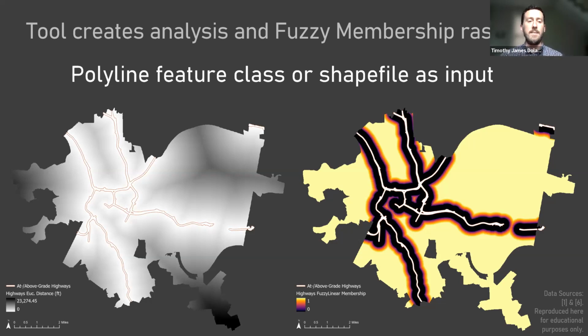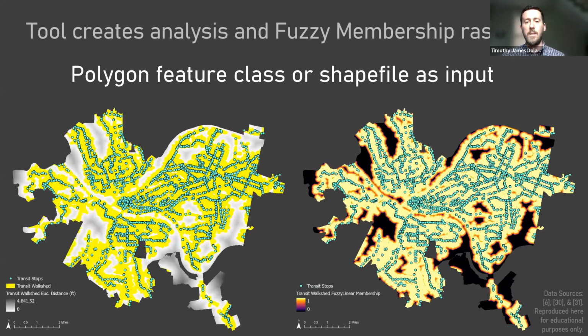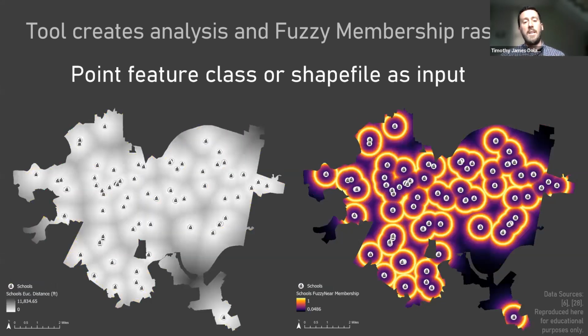cell values as distances from the vector features in the linear units of the baseline raster. The Euclidean distance raster values are then used as input for the fuzzy membership function. The same goes for polygon input layers and point input layers. Here on the right, we preview the results of the fuzzy near function, whereas the others were all fuzzy linear.